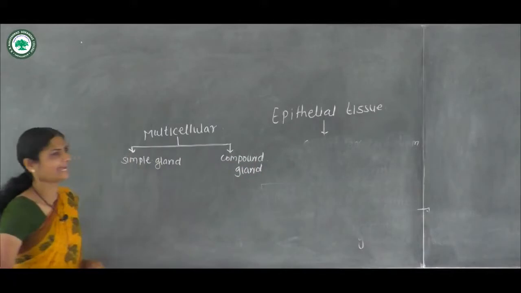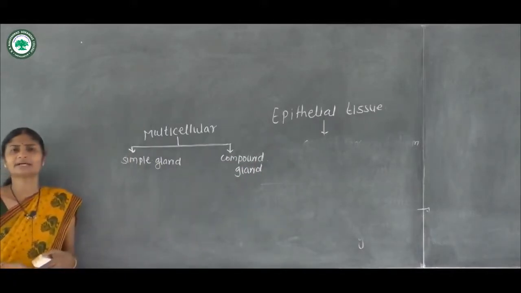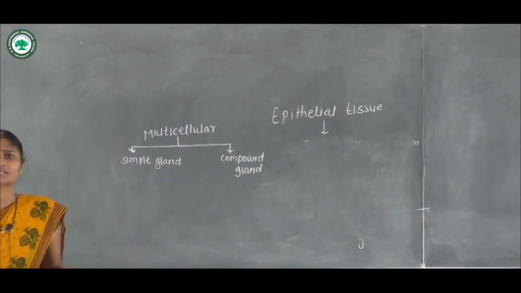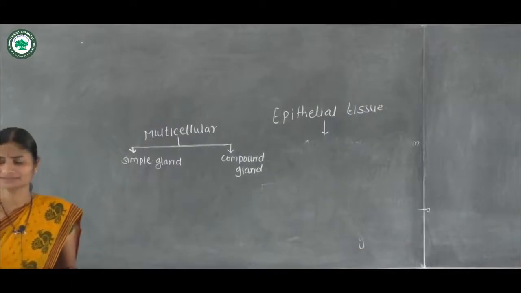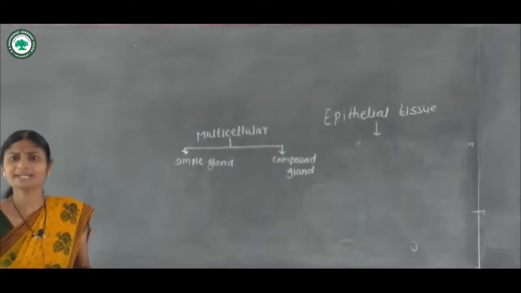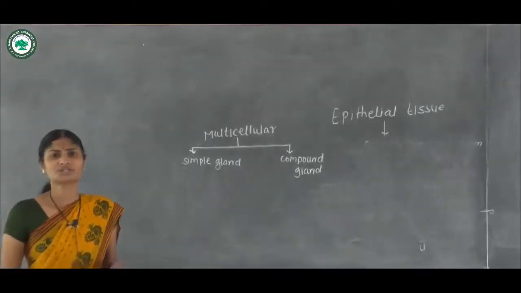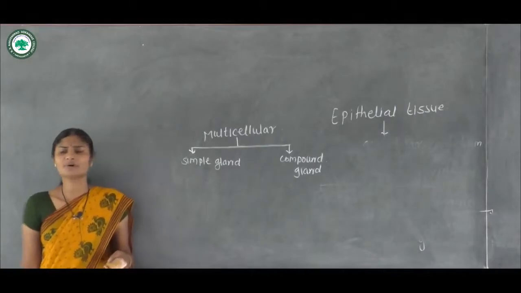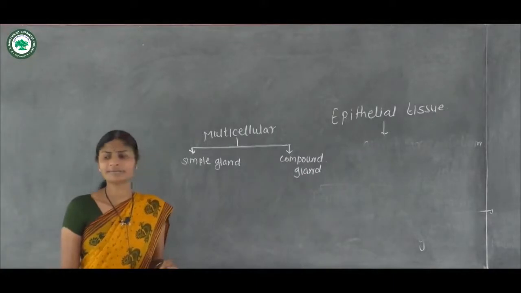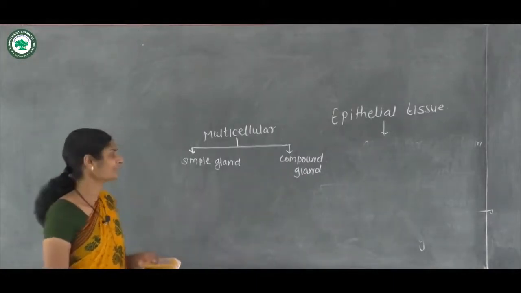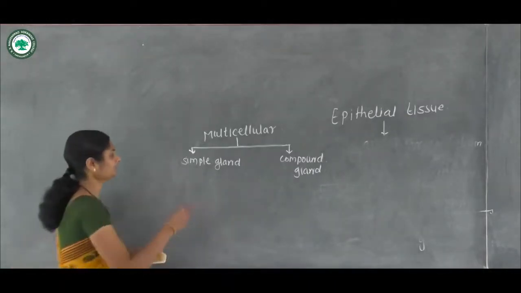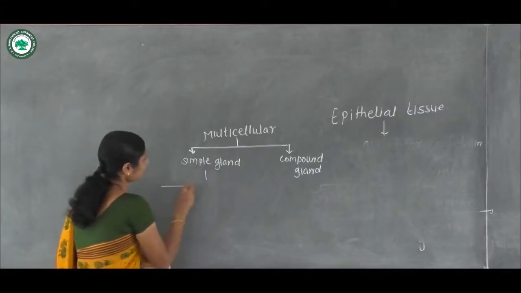Simple glands have a simple duct to carry their secretion, and so it is called a simple gland. In a simple gland, a secretory passage or single system of secretory passage opens into an unbranched duct. These simple glands are again divided into different types.